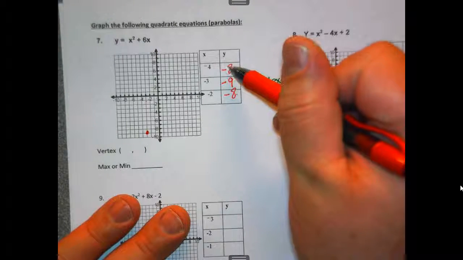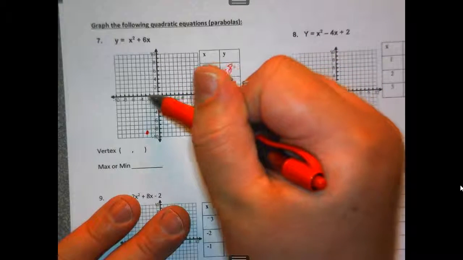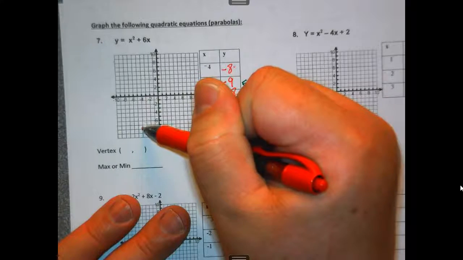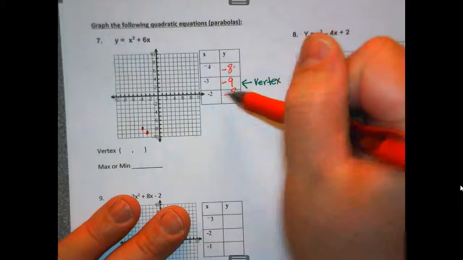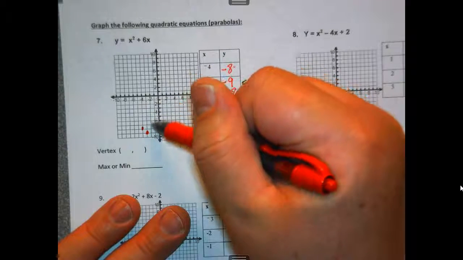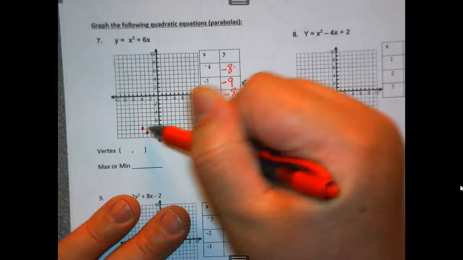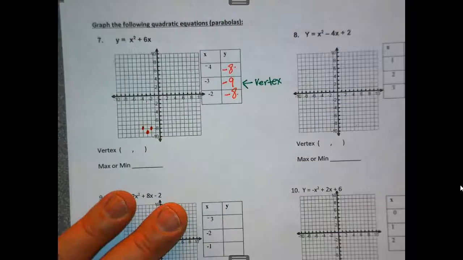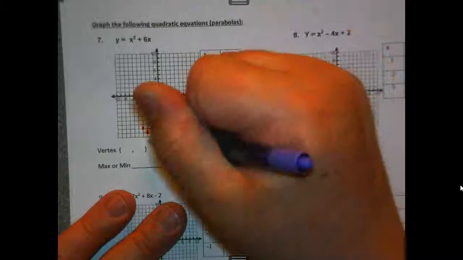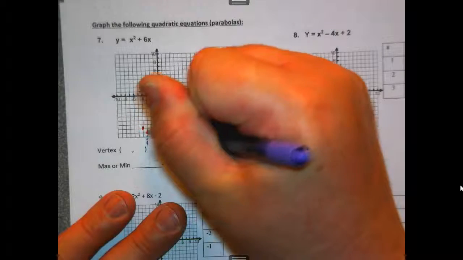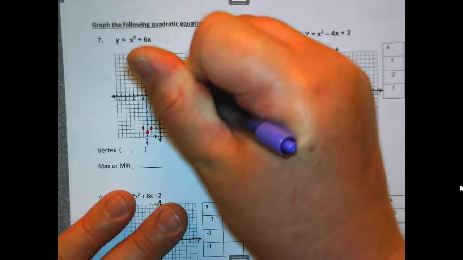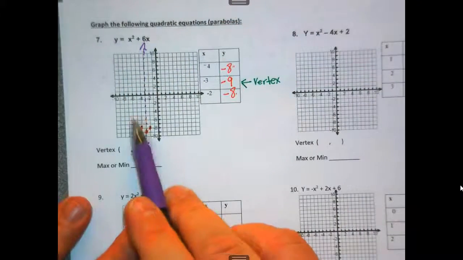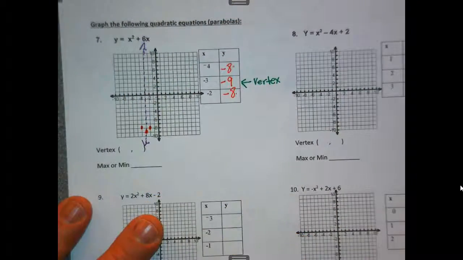I have -4, -8, and I have -2, -8. Do you notice how they start being the same? Actually a reflection of each other. There's what's called a line of symmetry, an axis of symmetry here. We'll talk about this a little later, where everything on this side is exactly like this side.